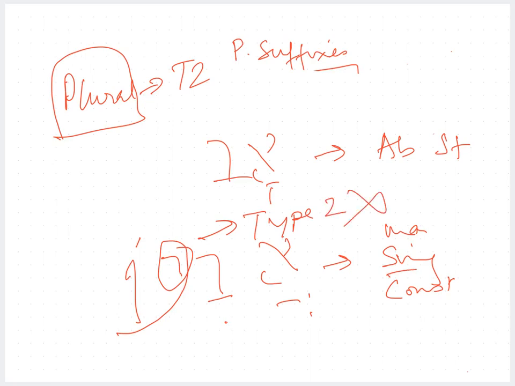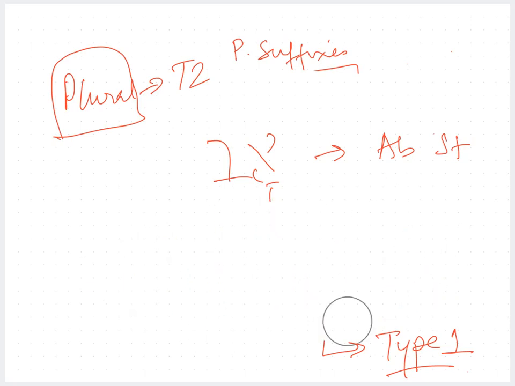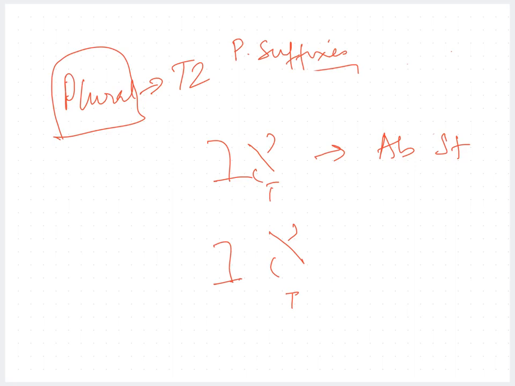This is still a masculine singular construct. It is taking type 1. It's an irregular. It can pull you off because its construct form itself has a yod attached to it. Please bear that in mind. This yod might mislead you into thinking that this yod is the type 2 one, but actually it is not.